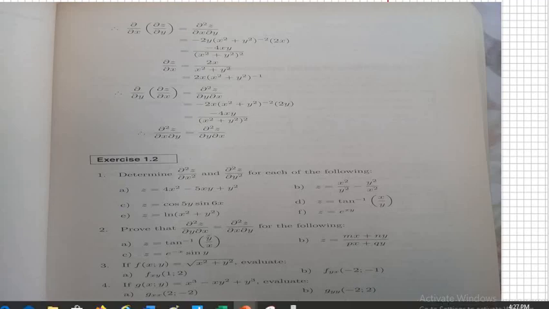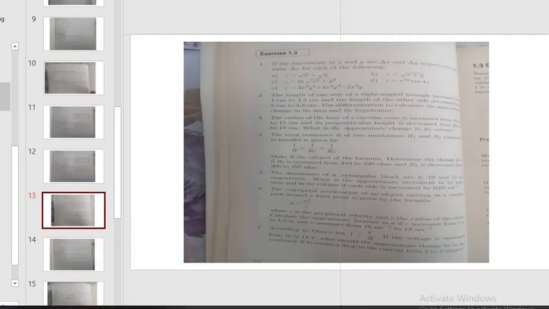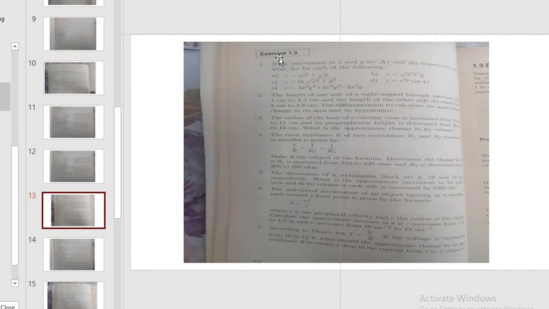So you have some application here, I'm gonna show you. Yeah, here it is, exercise 1.3.